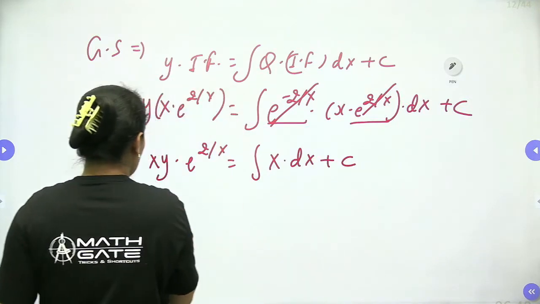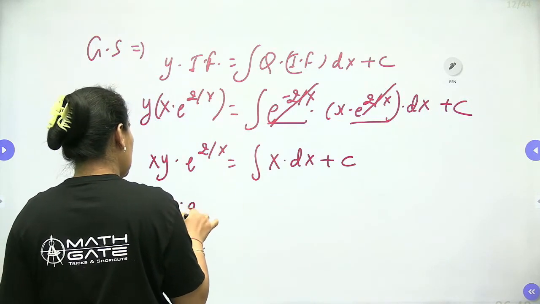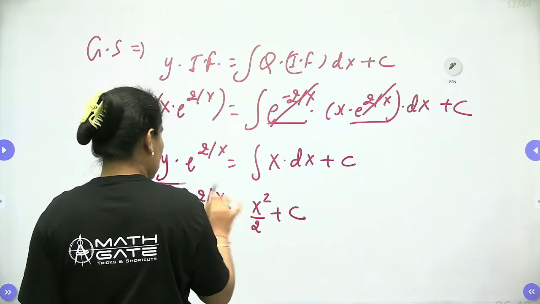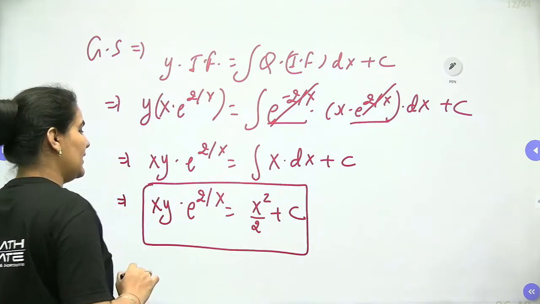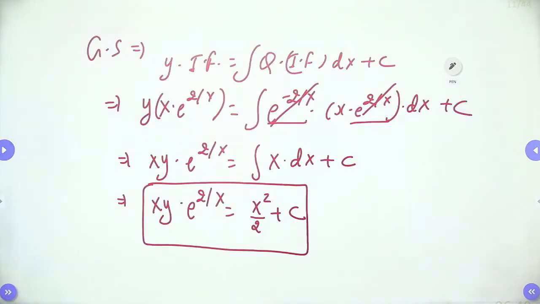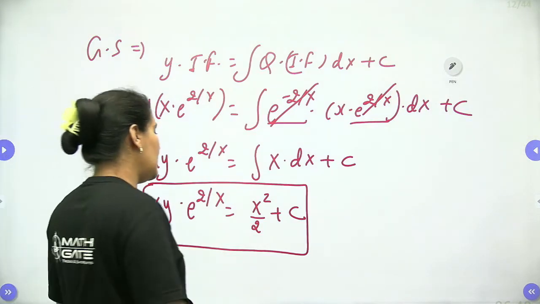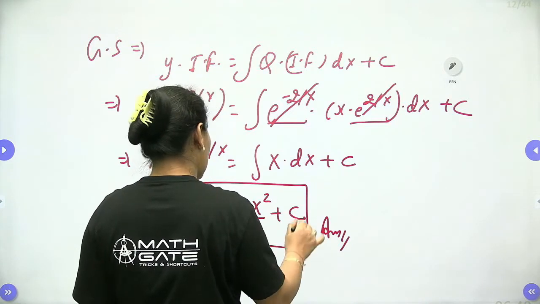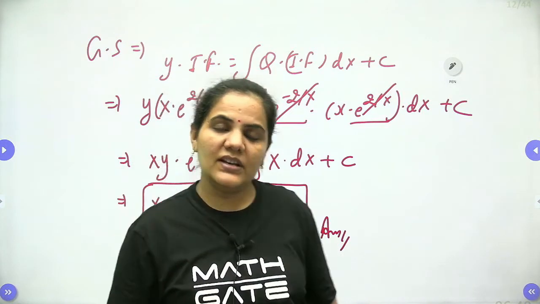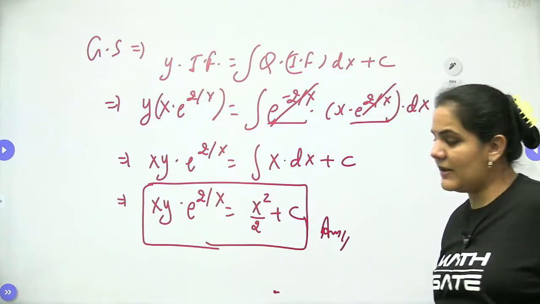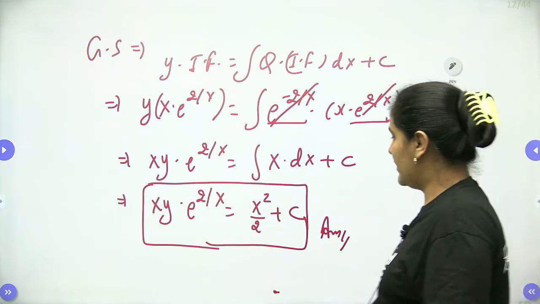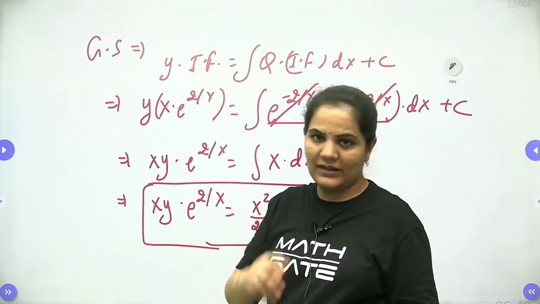When we integrate it, it will be x square by 2 plus c only. So this will be your final answer, your general solution. You can leave it here, because we don't have options for a particular required form. So the general solution will be xy e to the power 2 by x equals x square by 2 plus c only.